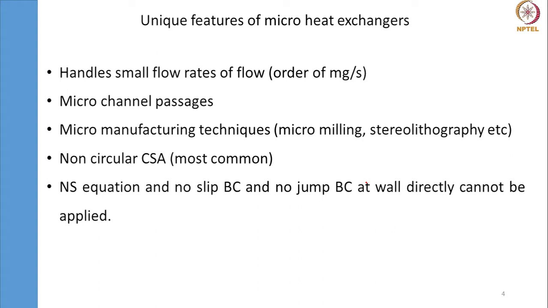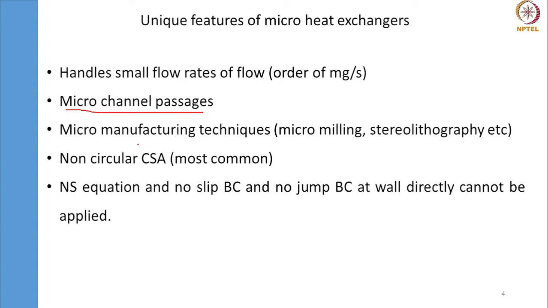So there are some unique features of using micro heat exchangers. They obviously handle very small flow rates of fluid, generally of the order of milligrams per second. They are microchannel passages. We have defined what a microchannel is.